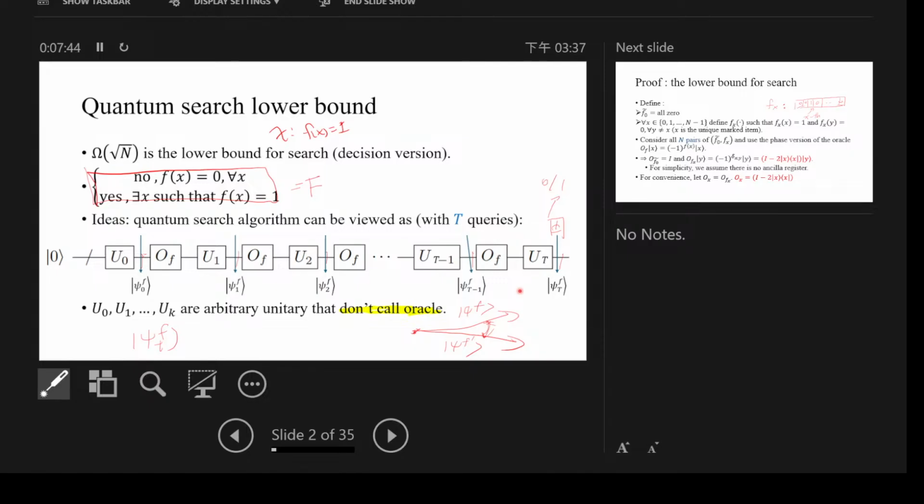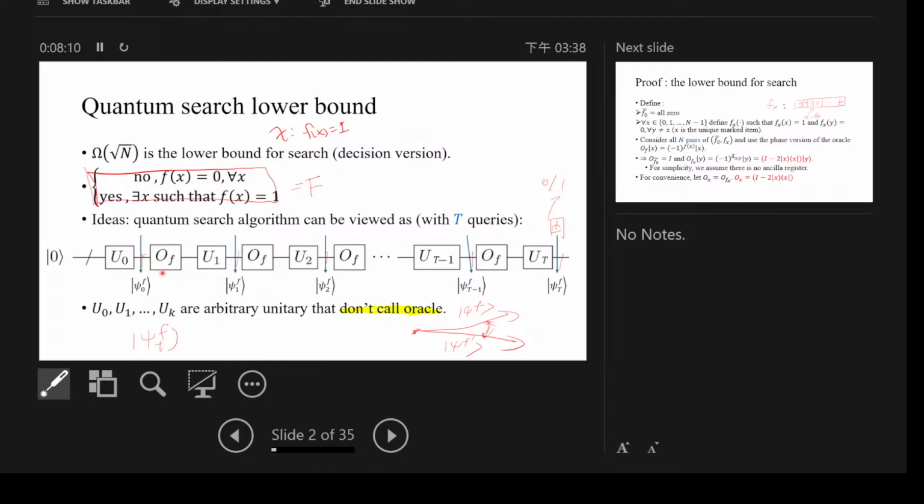The idea is that when an oracle has no marked item, it will give you some quantum state at the end. And when your oracle has a marked item, it should give you some other quantum state at the end. Those quantum states need to be pretty far apart for your measurement to distinguish them. So there are two things we do here.